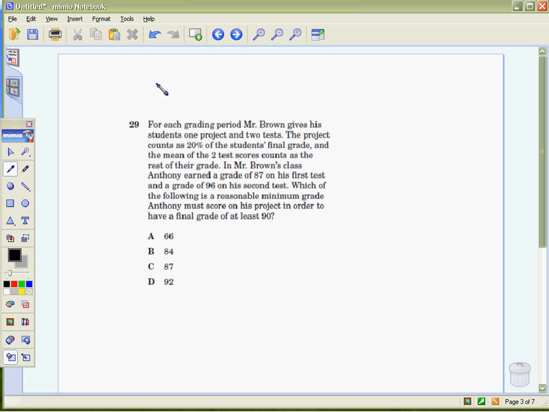So we're talking about a total of 100% with all of the grades. The project is going to count as 20%, and it says the rest of the grade is going to be the average of the two tests. So the average of the two tests are going to count as 80%.